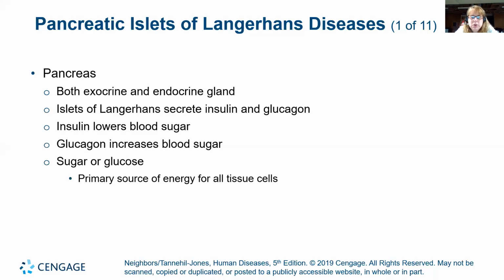So sugar, or glucose, is the primary source of energy for all tissue cells. When we eat a meal, it's putting tons of calories in our body, tons of carbohydrates. If the body didn't secrete insulin, every single carbohydrate that we ate would go into our system immediately, and it would make us crazy.